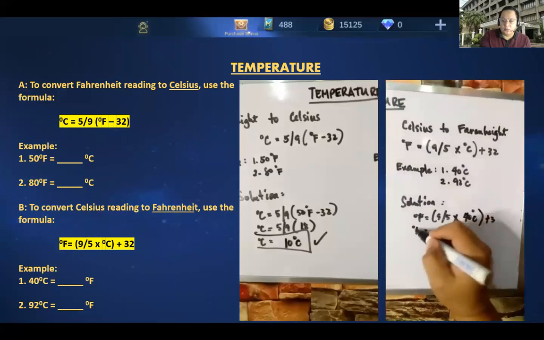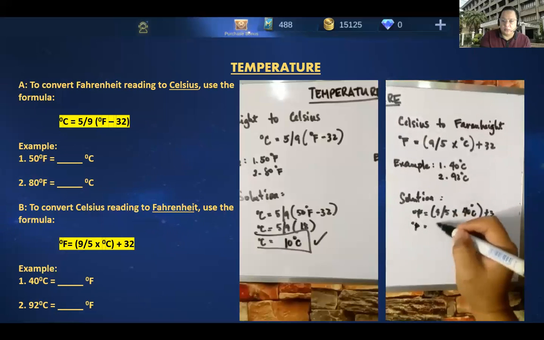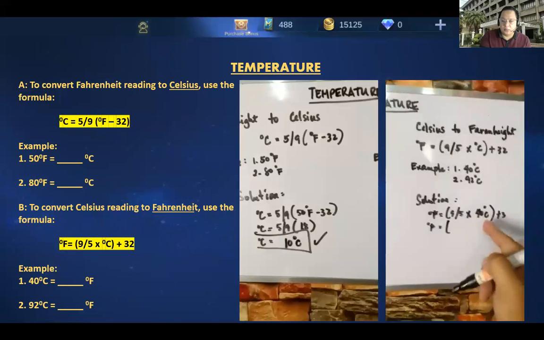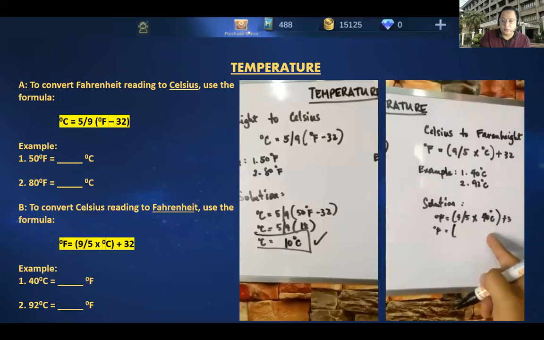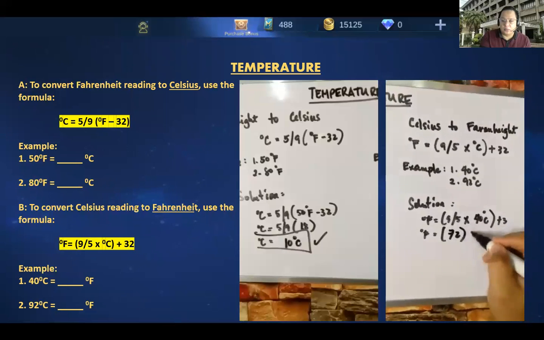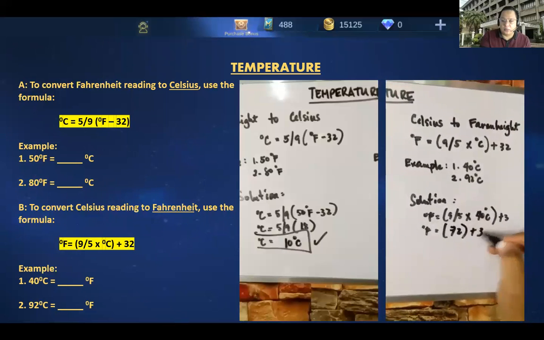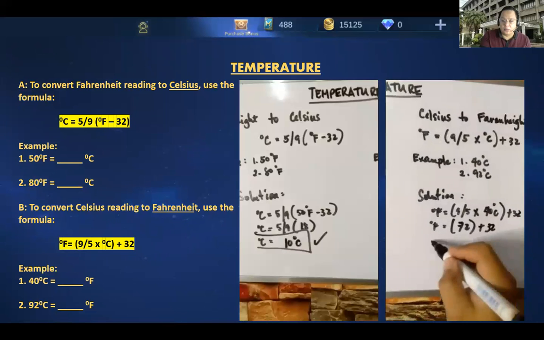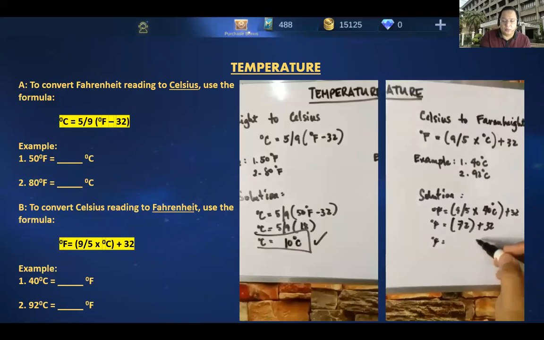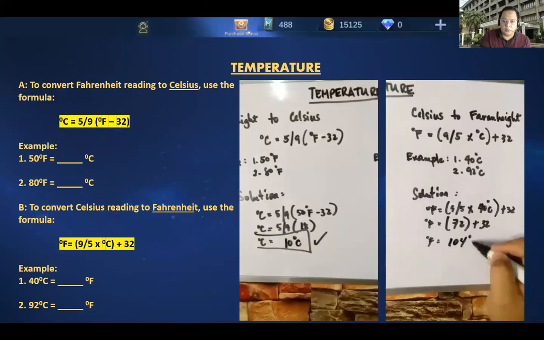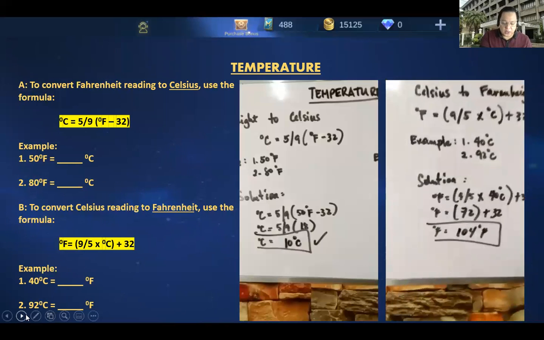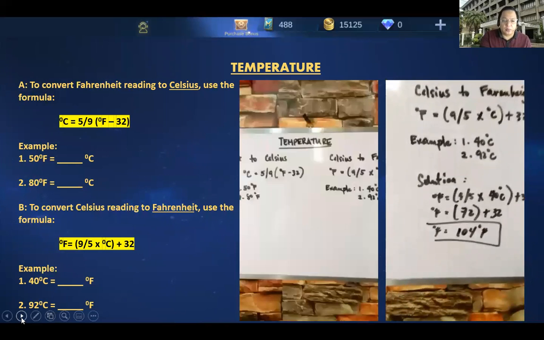So 9 divided by 5 times 40 is equal to 72, plus 32. Degree Fahrenheit is equal to 72 plus 32. Our answer is 104 degree Fahrenheit. Okay, so that's how we compute temperature.